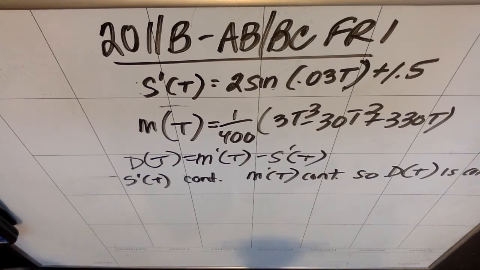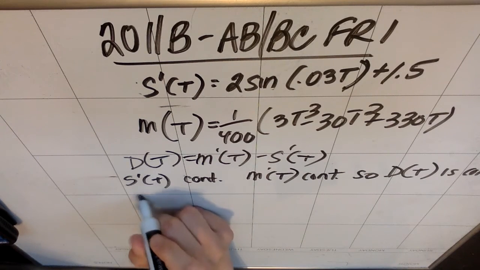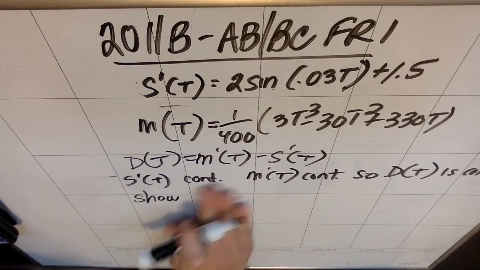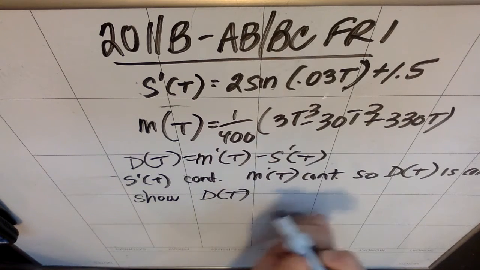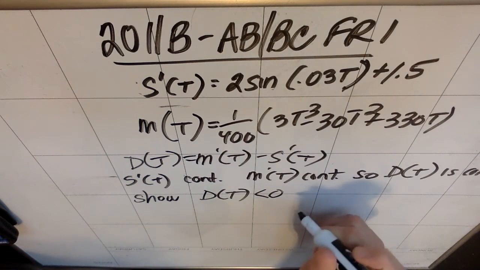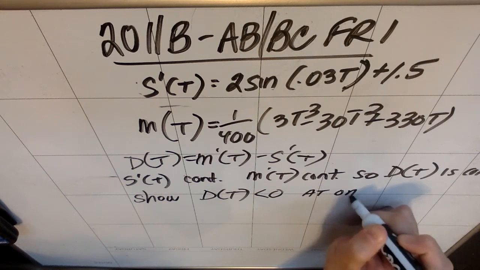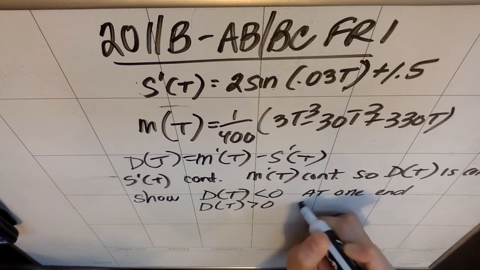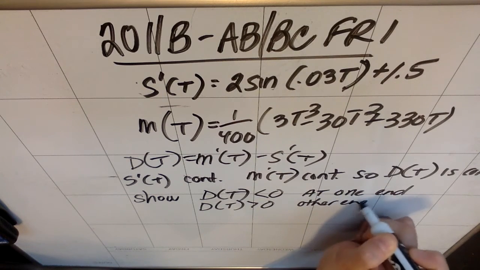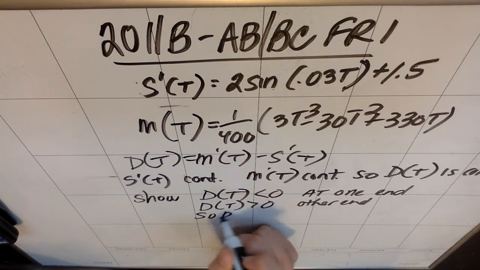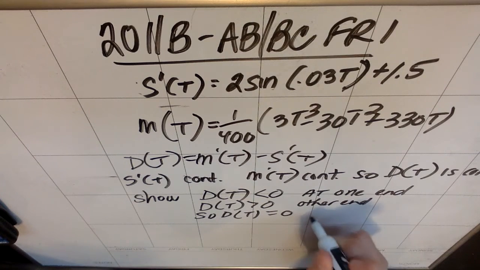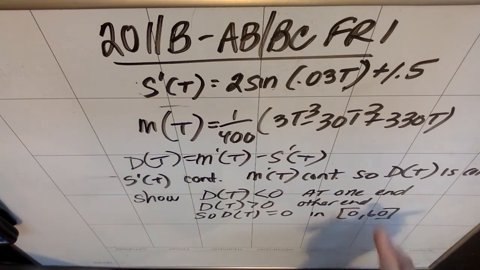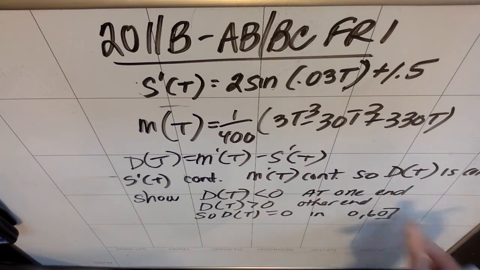So what I need to show is that d of t is less than 0 at one endpoint, and that d of t is greater than 0 at the other endpoint. So d of t is going to have to equal 0 in the window from endpoint to endpoint. Okay, that's the idea, right? And actually, it wouldn't be inclusive, right?